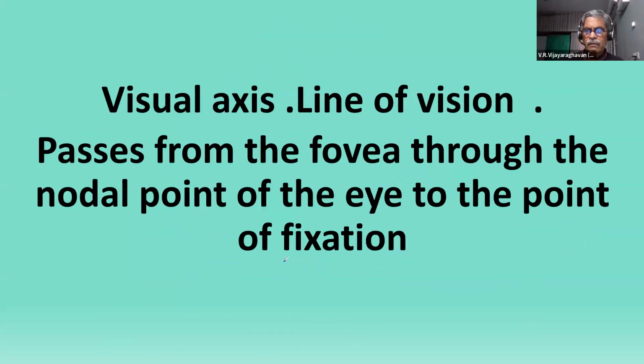Now we see here. I told you what the visual axis is. Imagine the right eye has a visual axis. The left eye has a visual axis. Both visual axes should have some equilibrium, some physiological relationship. If it is maintained, it's okay. It has to be maintained.